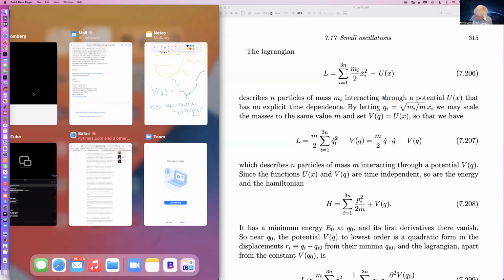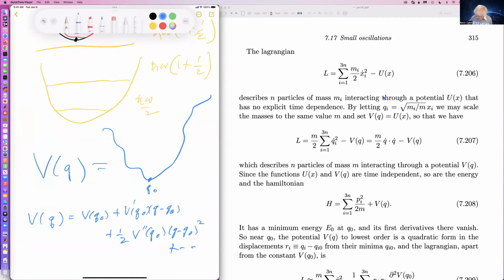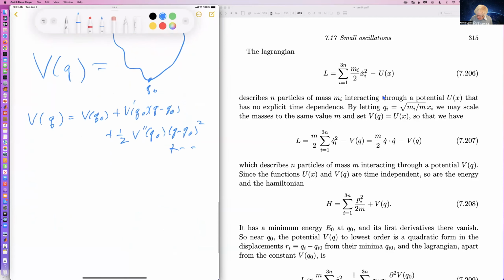Well, the first correction here vanishes. V prime of Q0 is 0 because Q0 is a minimum. And so what we have then is that V of Q is V of Q0 plus a half V double prime of Q0 times Q minus Q0 squared.